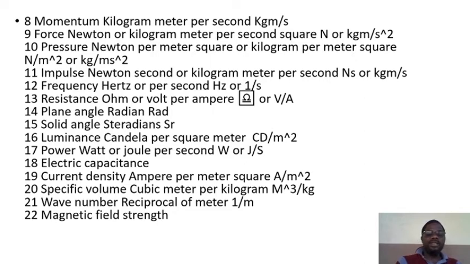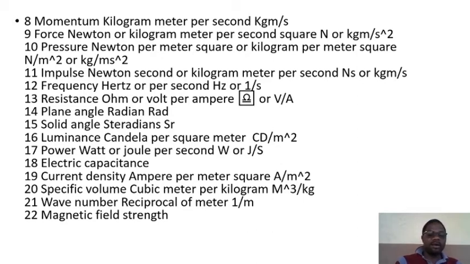And we have resistance. Resistance is measured in ohm or volts per ampere. Then we have a plane angle. The plane angle is measured in radians. While the solid angle is measured in steradians.